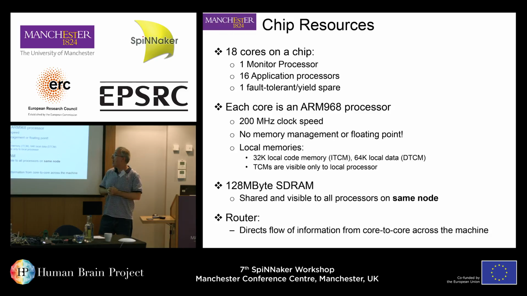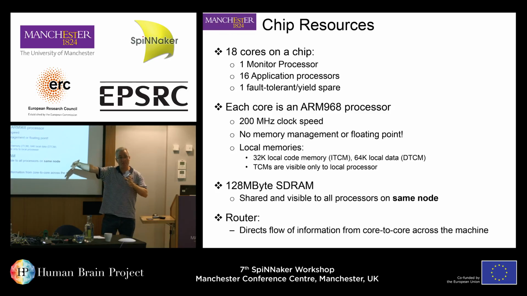I mentioned the memories. Every core has 32 kilobytes of local instruction memory, so the neuron models are actually quite constrained in how complicated they can be. But each core also has 64 kilobytes of local data space called DTCM. That's instruction tightly coupled memory and data tightly coupled memory. It means that the memory is very strongly integrated with the cores.